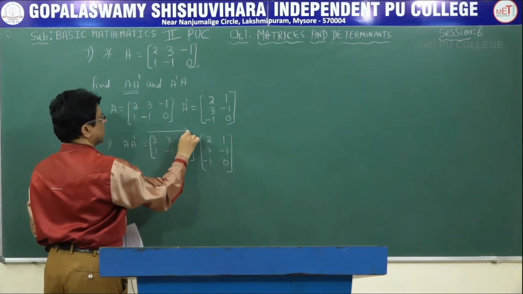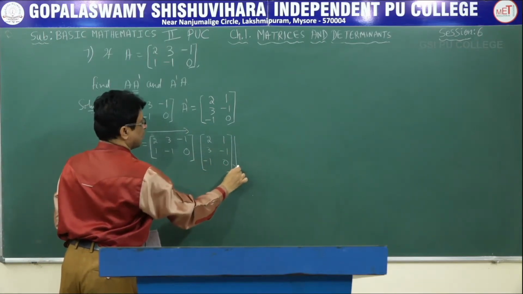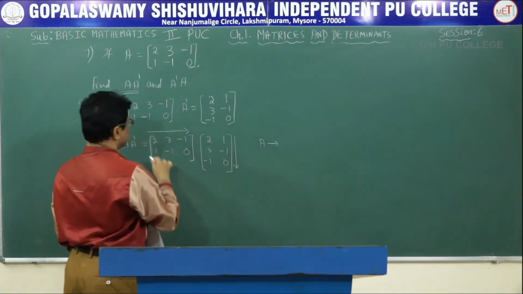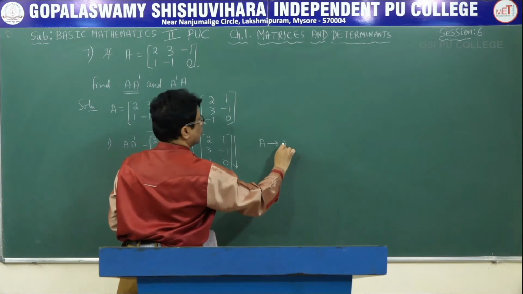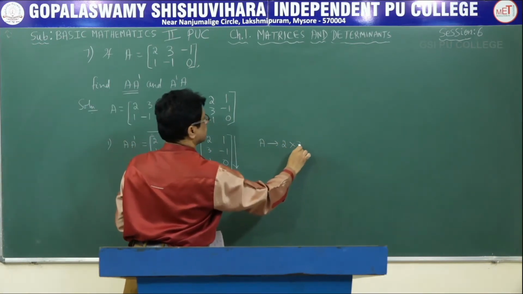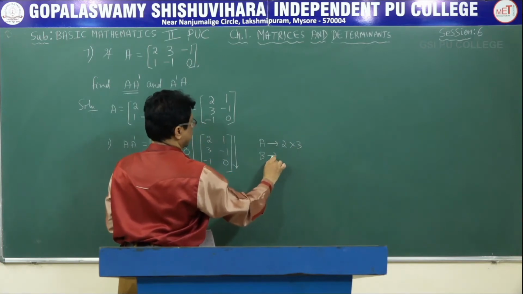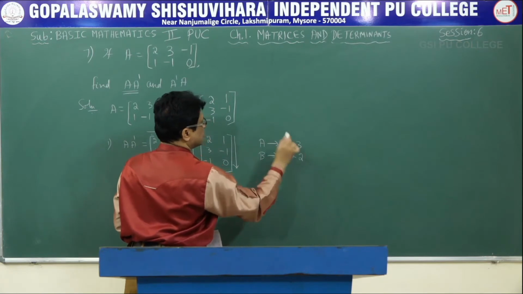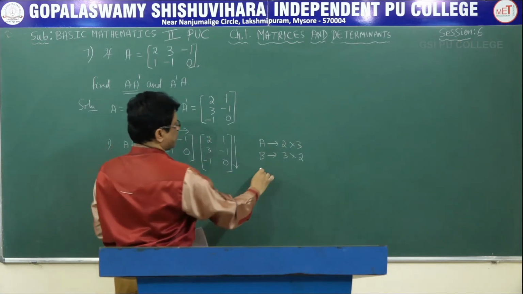The rule is row into column. So here the matrix A is of the order 2 rows and 3 columns. B matrix is of the order 3 rows and 2 columns.